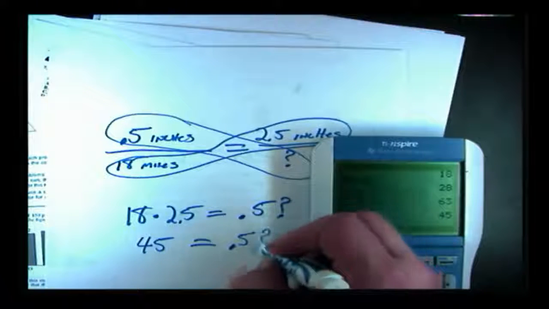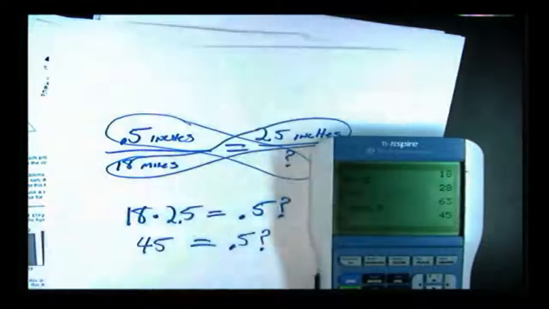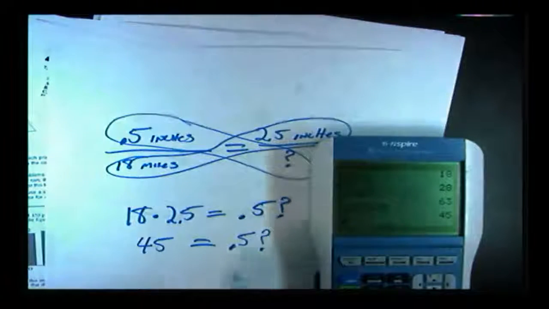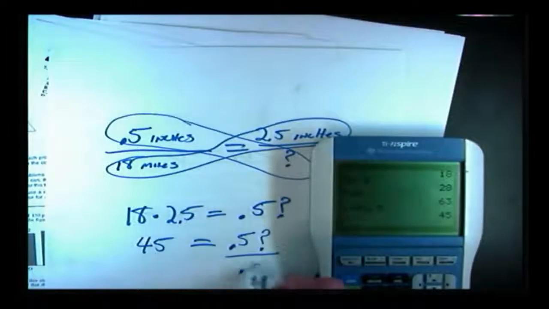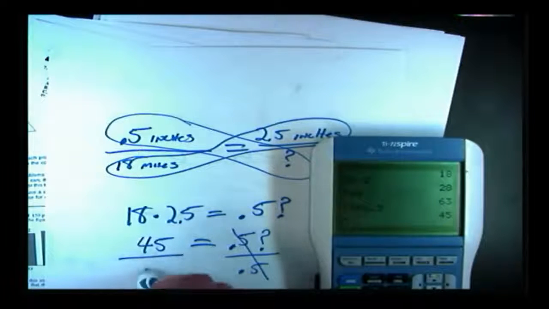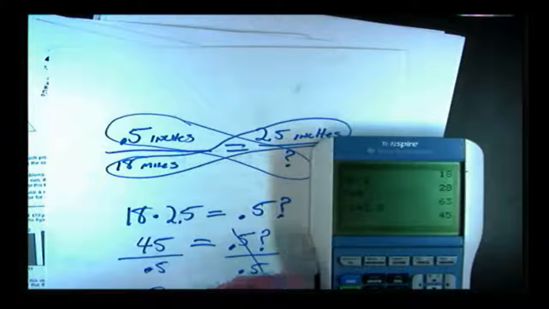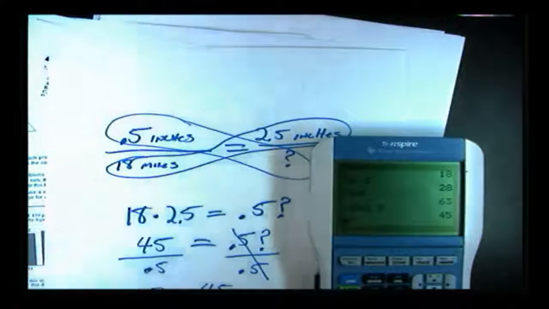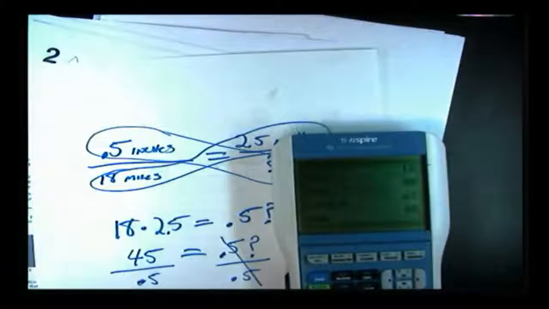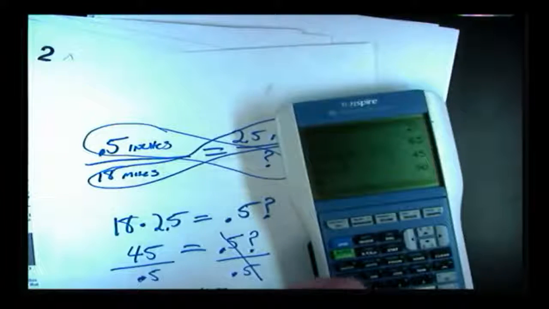And we still have 0.5 question mark on the other side. We'll cancel out the 1/2. What we do to one side, we have to do to the other. So then our question mark is equal to 45 divided by 0.5. Which, by calculator, since you're allowed one, we should definitely be using them, is equal to 90.